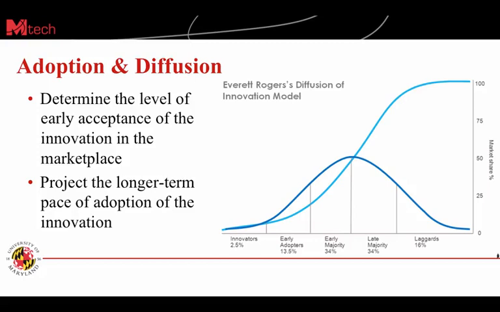And then you want to project the longer-term pace of adoption. It's unlikely that you're ever going to get 100% adoption of any product, and so you want to plan ahead and think about what it is that you're going to get for the most adoption in a reasonable period of time.